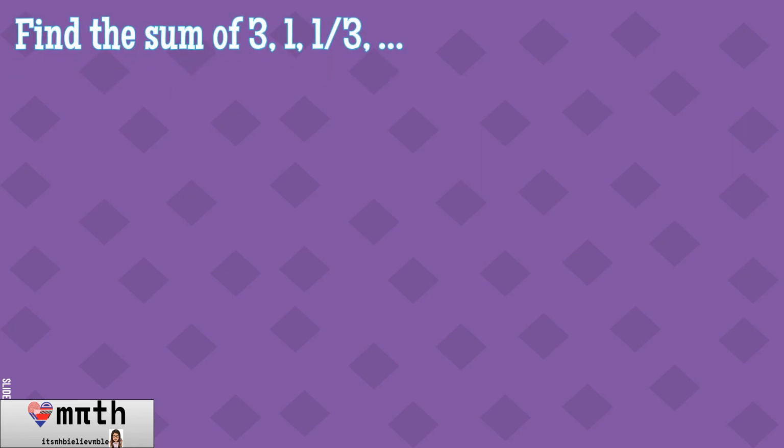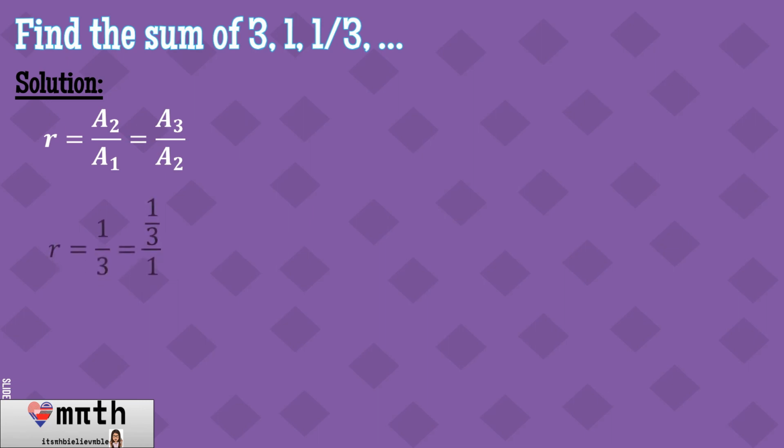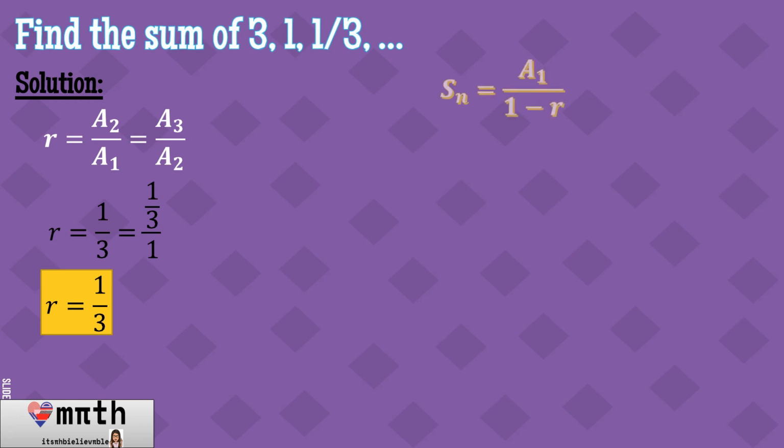For our example number 2, let us find the sum of 3, 1, 1 over 3. Again, let us find the ratio. That would be second term divided by the first term, third term divided by second term, which is 1 divided by 3, and 1/3 divided by 1, which is all equal to 1 over 3. And since our r is less than 1, we can solve this given sequence.